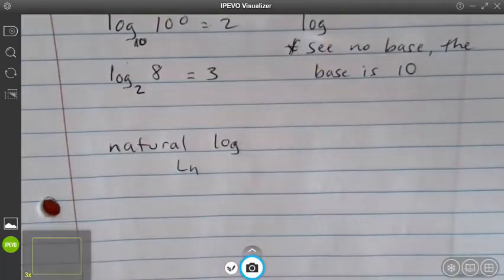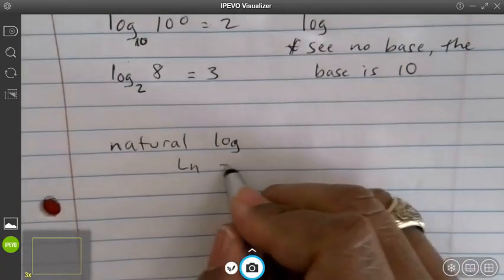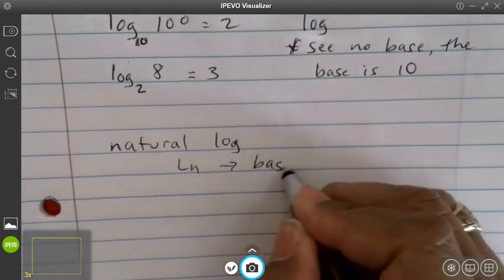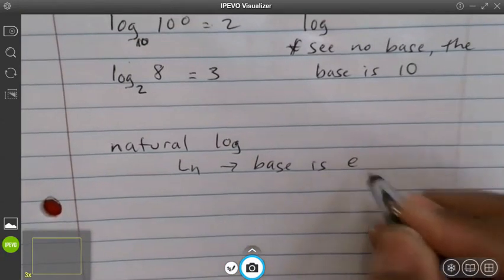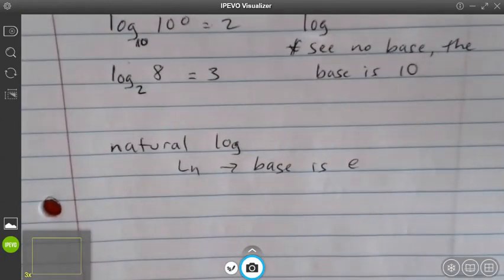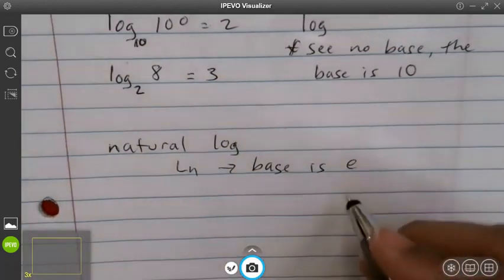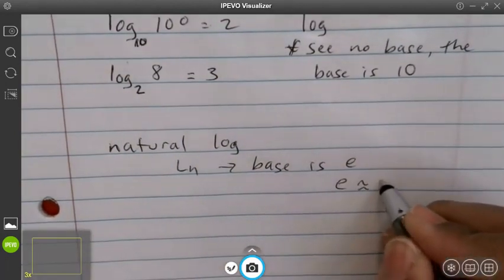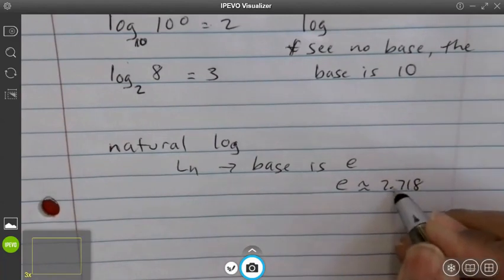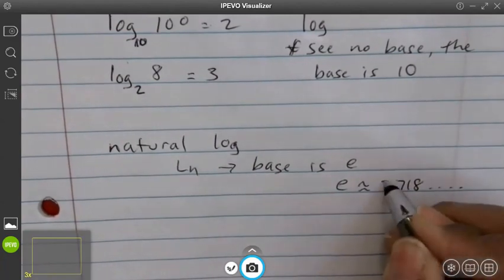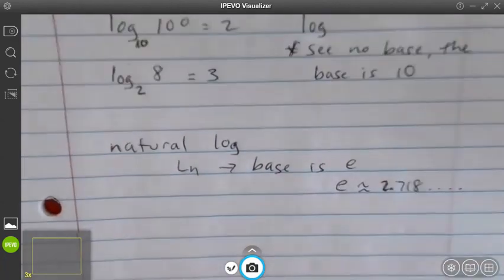When you have natural log, the base is e. We talked about the e before, and e is a number. e is approximately 2.718, and so on, just like pi, it doesn't go on forever.